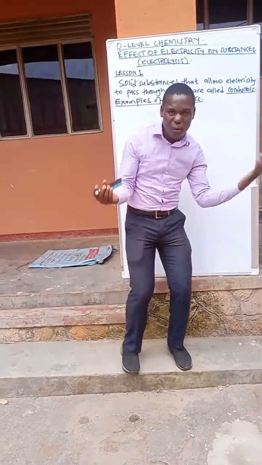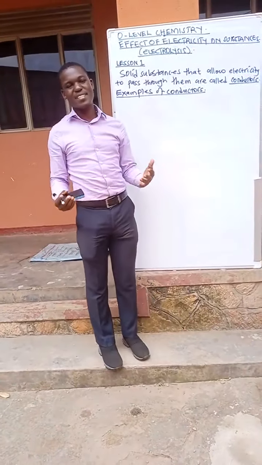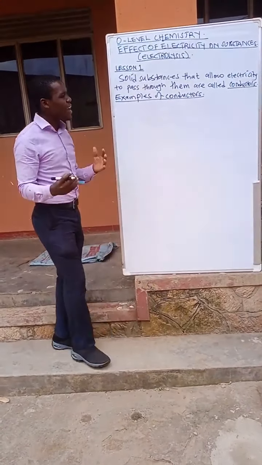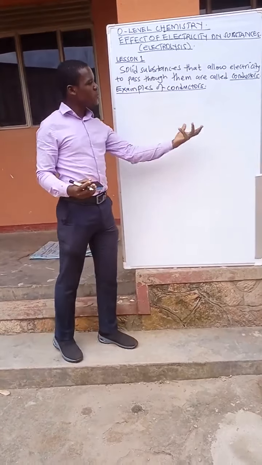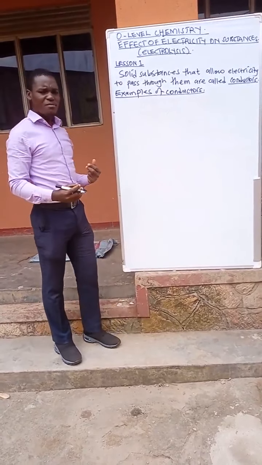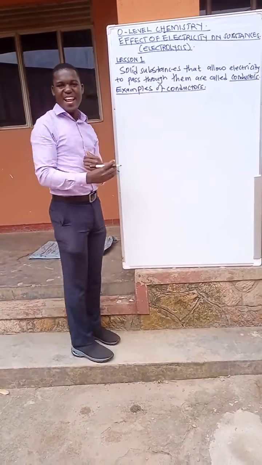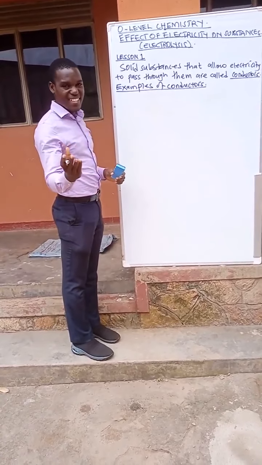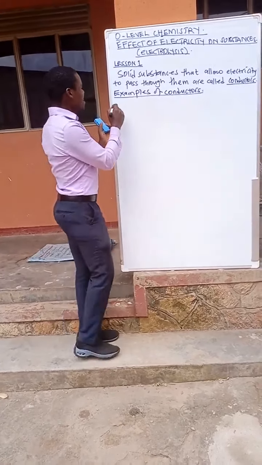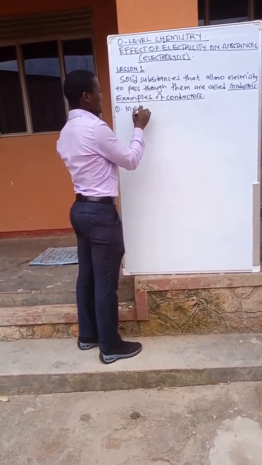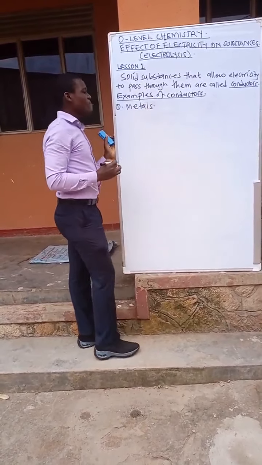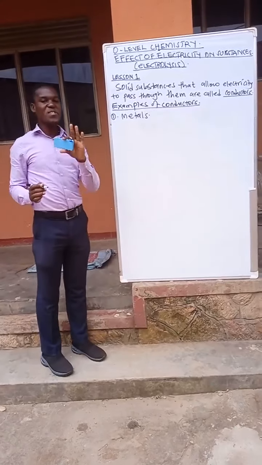Yes, we are talking about solid substances that can allow electricity to pass through them. So we have called those solid substances conductors. Do you know some examples of conductors? Alright. Number one, we have metals. All metals are conductors.